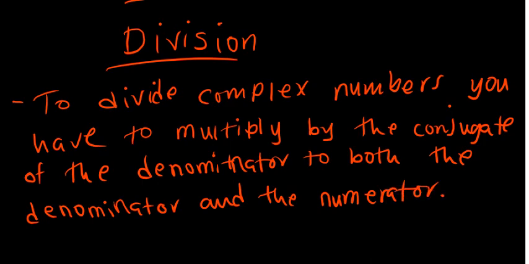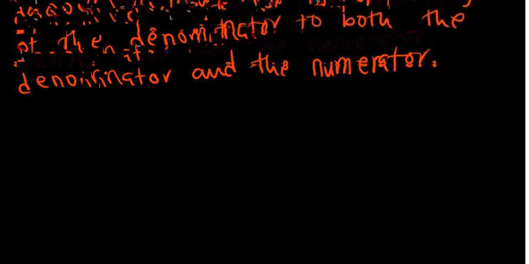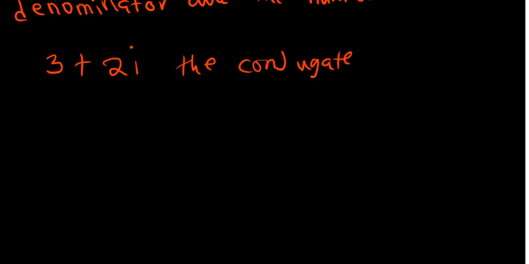So let's give an example now of a conjugate. For example, if we have 3 plus 2i, the conjugate is 3 minus 2i. So this is the conjugate of this number here.